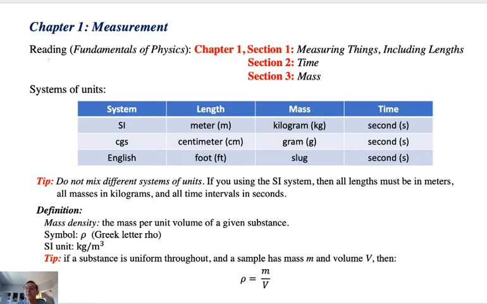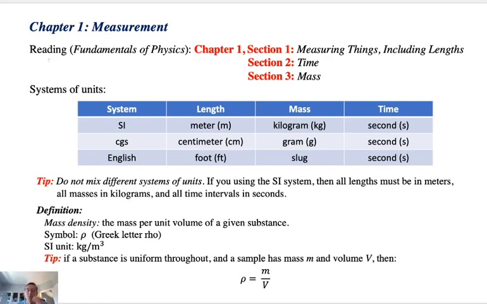unit second, symbol s. There is also the so-called CGS system of units, where every length must be expressed in a centimeter, cm, every mass must be expressed in a gram, g, and time is expressed in seconds, s.